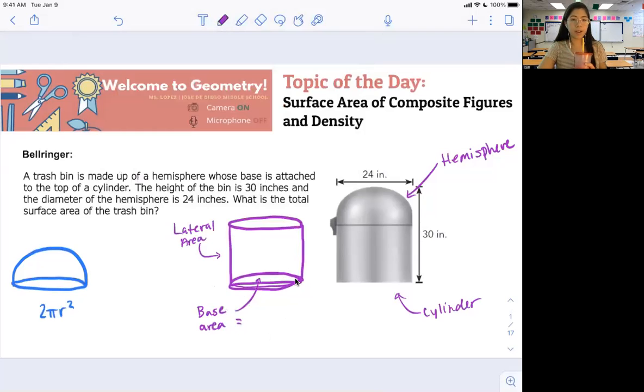What would be the area of the base? There we go, pi r squared. So the base is pi r squared, and then who remembers what's the formula for the lateral area? The lateral area. Remember, it has a height.